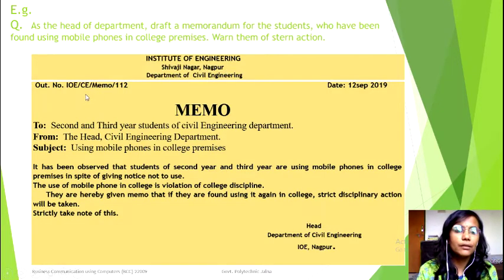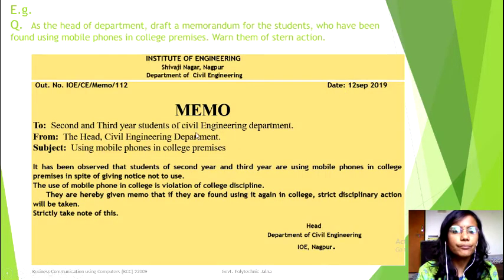Then the outward number. Here, IOE is the abbreviation of Institute of Engineering, then oblique CE, that is Civil Engineering, then oblique memo, and then oblique the number of the memo. Which number it is, the document number, so you can write anything.